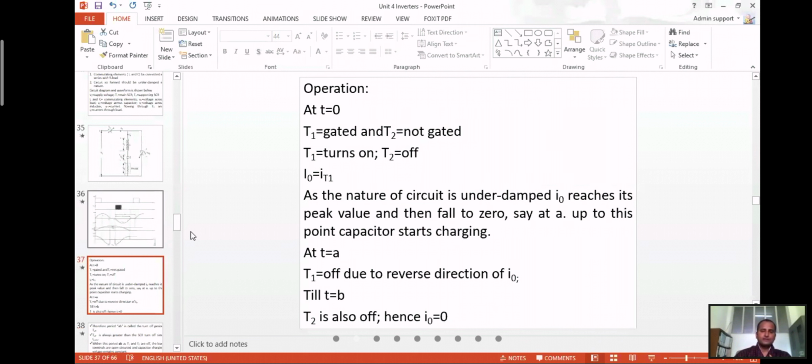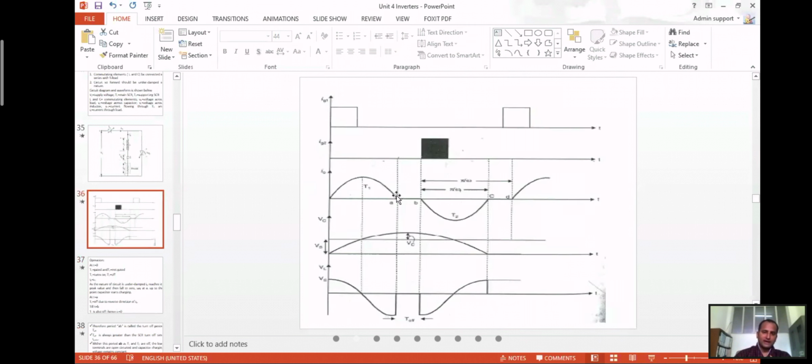Because of the underdamped nature of the circuit in a series inverter, it reaches the maximum value and falls back to 0. Please note this down. Please try to understand these things quite clearly, because I told you to find out why the circuit should be underdamped in nature. If you go through the textbook, you will find out why we require the nature of the circuit to be underdamped.